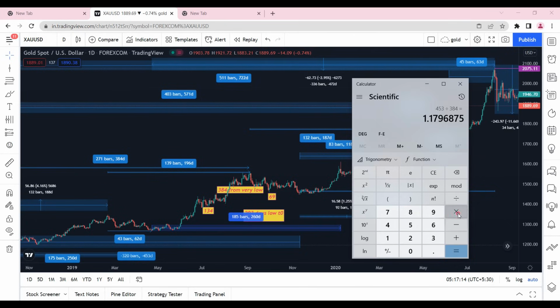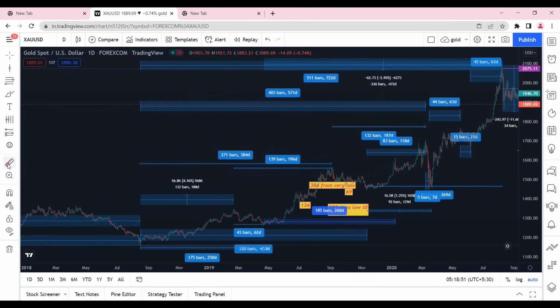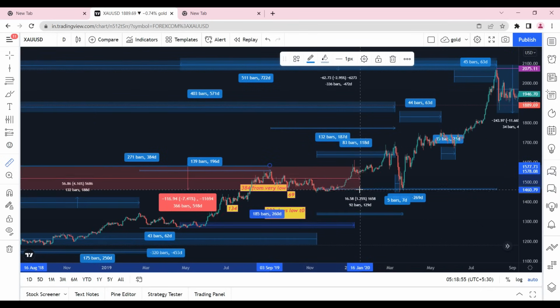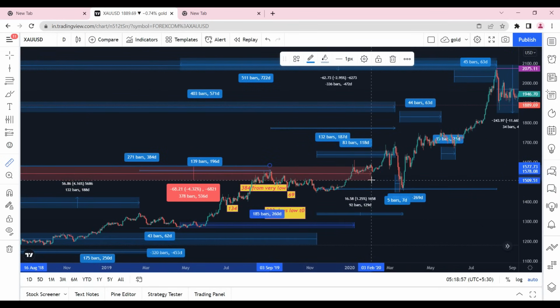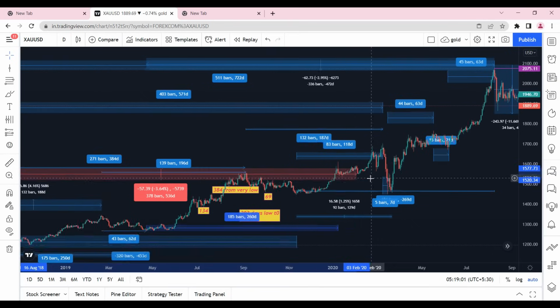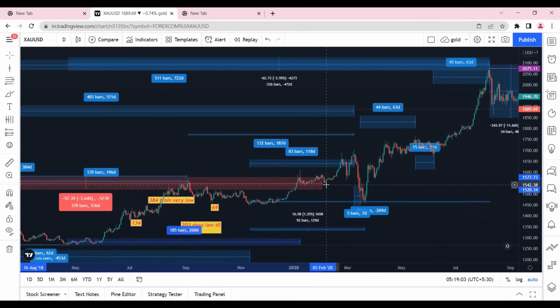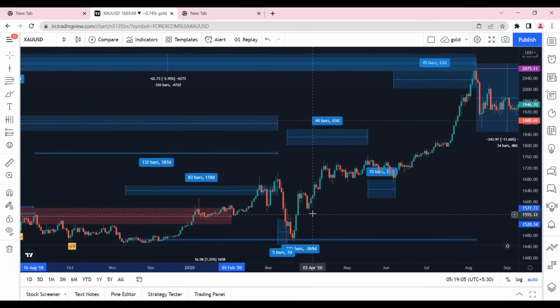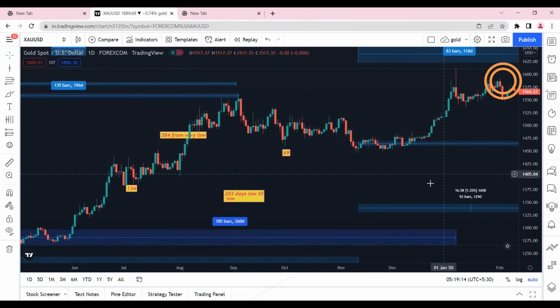So 384 plus 453 is equal to 534 or 535 days. From the low it will give you 534, 535 days. Yes, 533 to 536, 534, 535 days. That's the exact high here. From there it dropped, from there it went up.